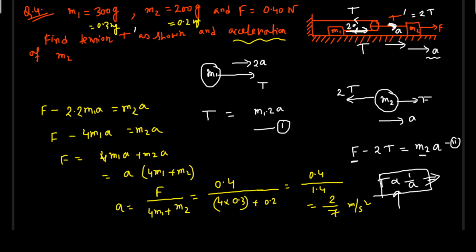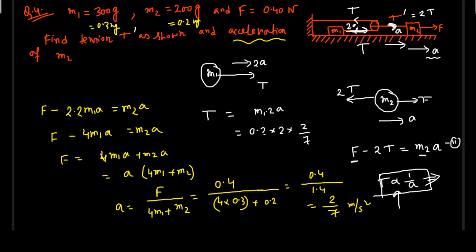Then we will get the tensional force also. So T will be, we substitute M1 as 0.2, into 2 by 7.